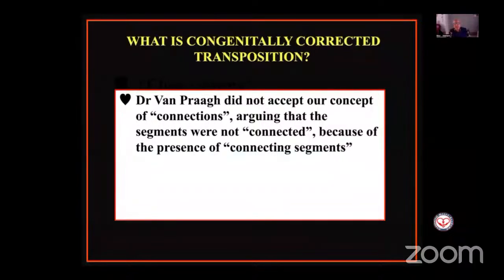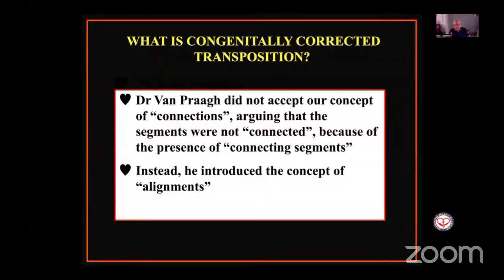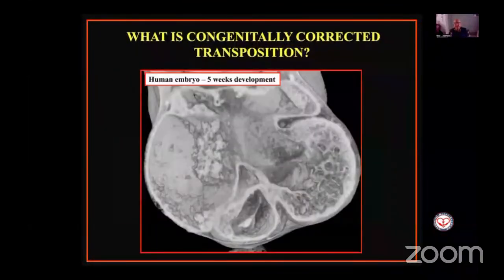Now, Dr. van Praagh at that time did not accept our concept of connections, since he argued the segments were not connected together because of the presence of additional connecting segments. So, for better or worse, he veered away from describing connections and introduced the concept of alignments. But is this really justified?